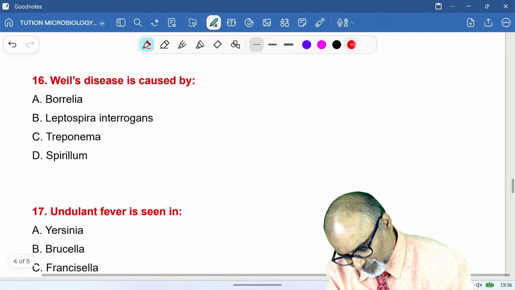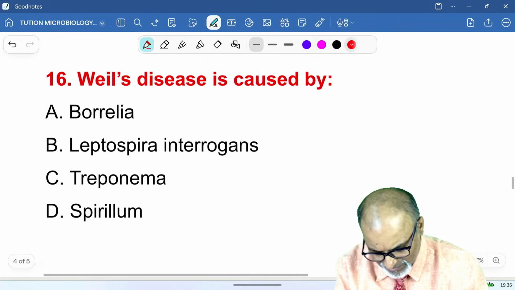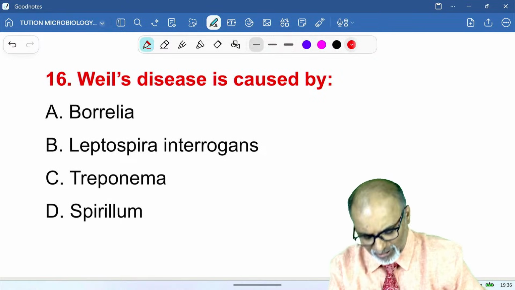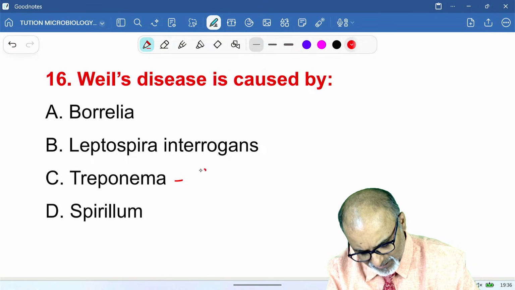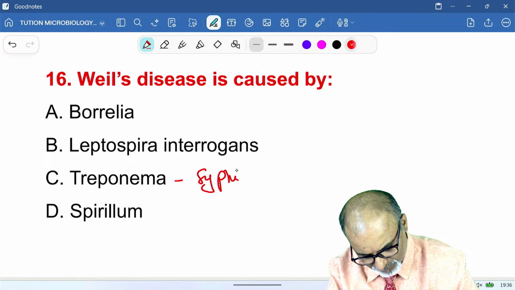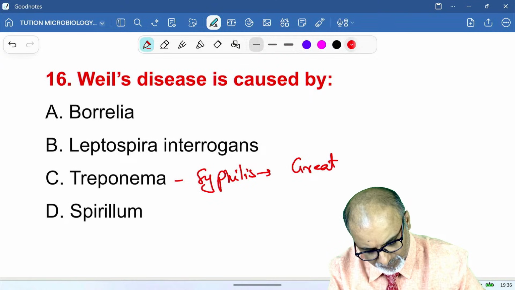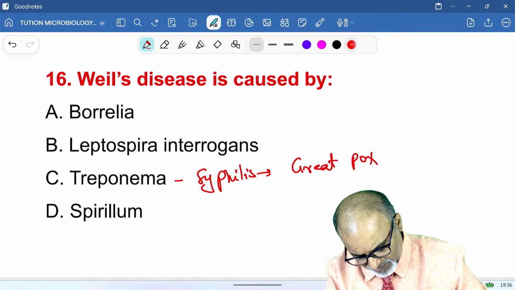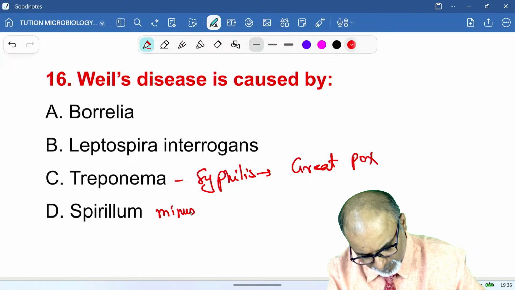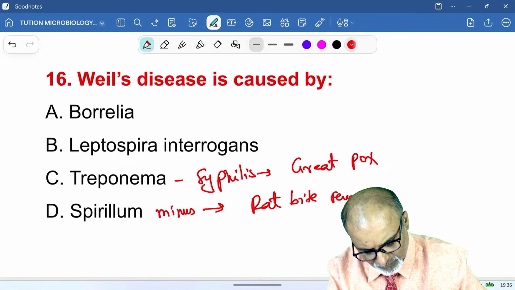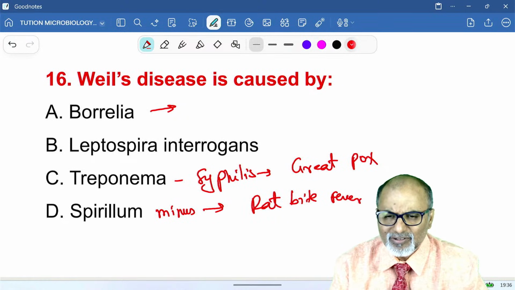Next is Weil's disease. You should know the other names of the diseases. Treponema, we call it great pox. Syphilis, great pox. Spirillum minus causes rat bite fever. Borrelia causes many diseases.